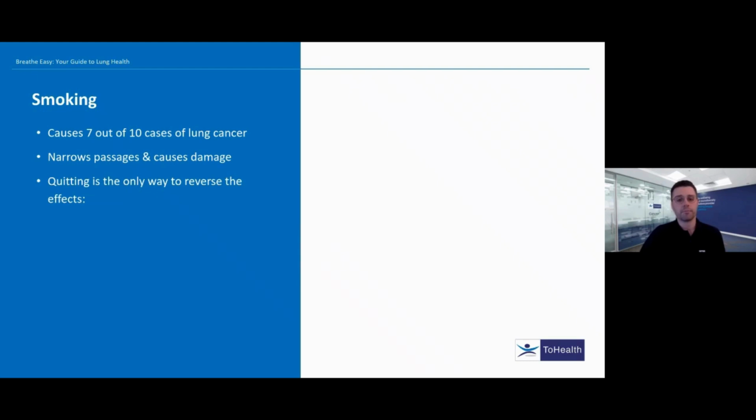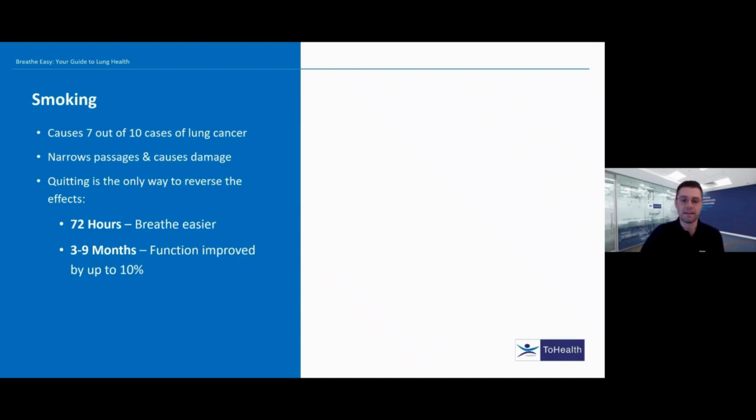So we know that by stopping smoking, after 72 hours, breathing can feel easier. It's because your bronchial tubes have started to relax, and energy will actually increase due to that increased oxygen flow and the availability of oxygen around the body. After 3 to 9 months, any coughs, wheezing, or breathing problems will improve as lung function can increase by up to about 10%.